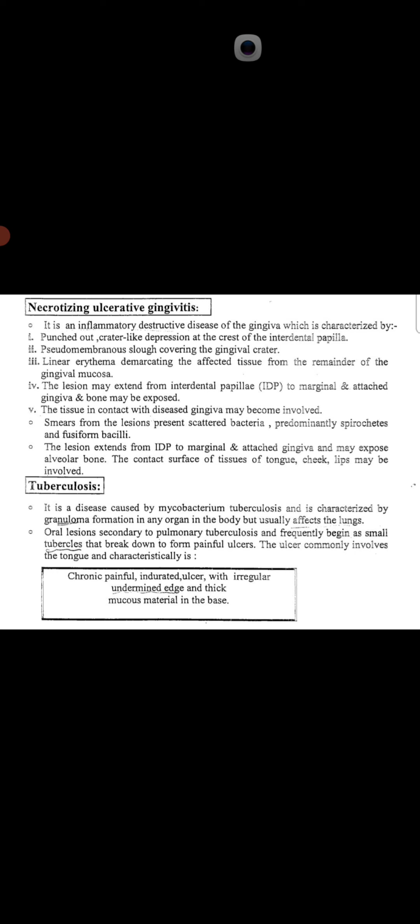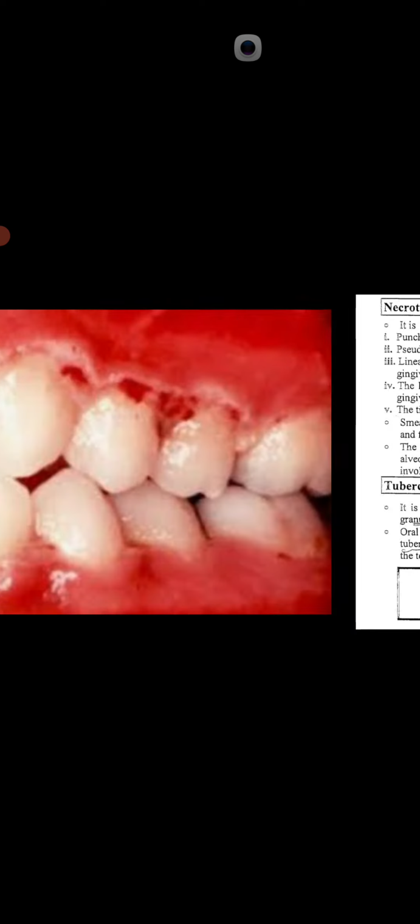Next, the lesion extends from interdental papilla to marginal and attached gingiva and may expose alveolar bone. The contact surfaces of the tongue, cheeks and lips may be involved, meaning the surfaces which contact the gingiva. This is all about ANUG.